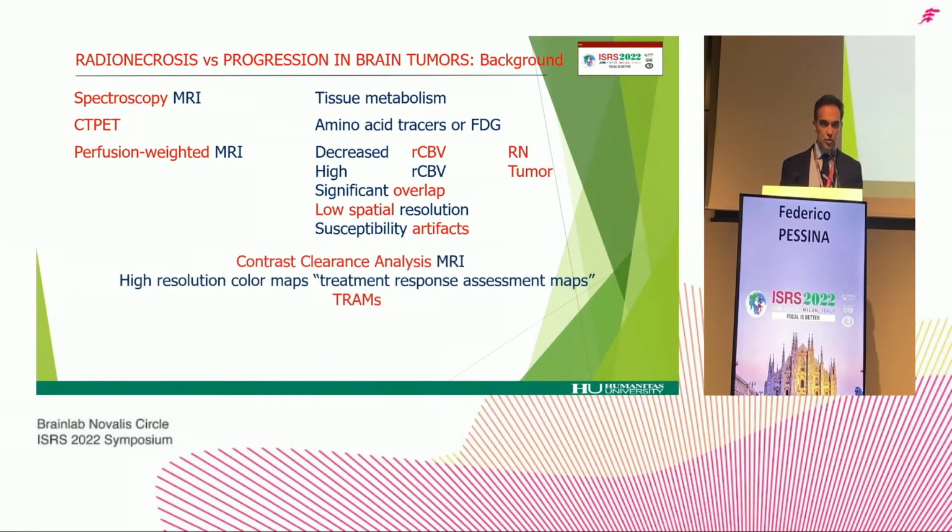So which are the tools that, to date, we have to distinguish and identify these different entities? The first, spectroscopy, is an MRI-based technique that is able to analyze some characteristics we know very well of the tissue metabolism involved in the enhancing alteration, especially.